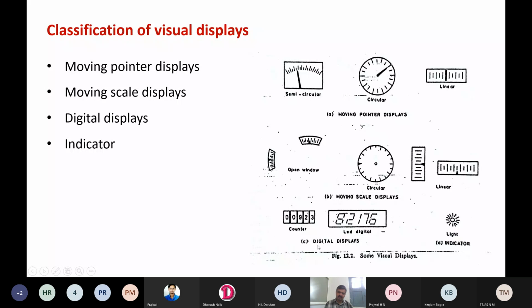Digital displays are widely used because of the user friendliness of this type of display. And indicator, even in vehicles we use indicators. If you are taking a right turn, you switch on a light. While driving, you may use low beam, high beam. So they are the indicators. Like that we also make use of display.